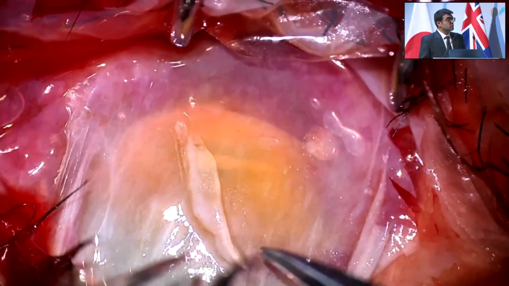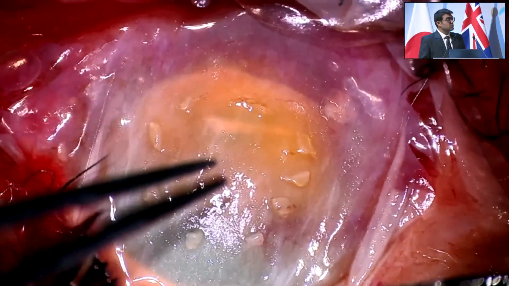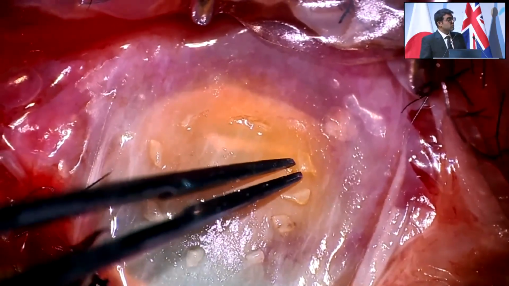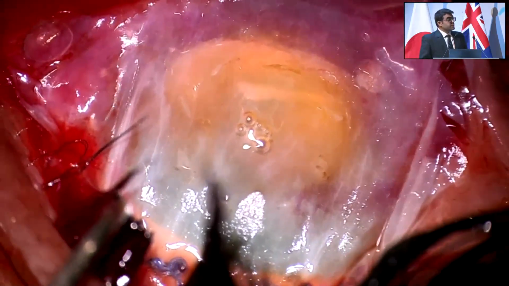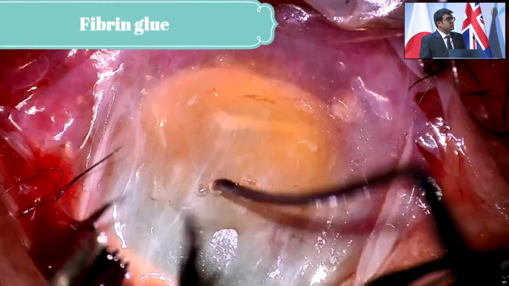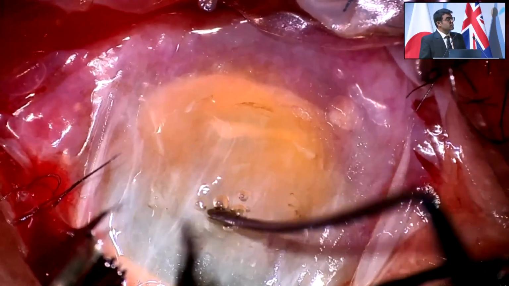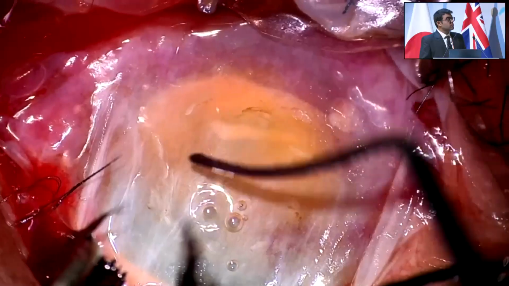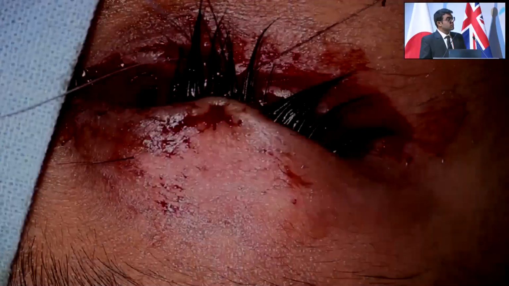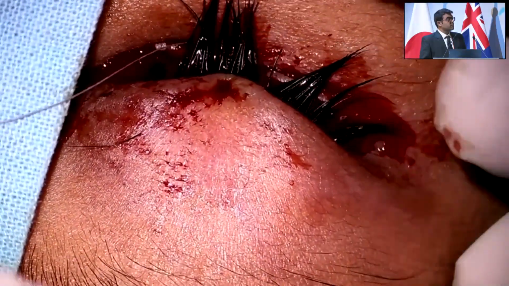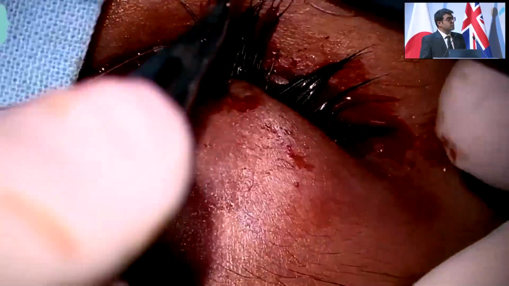The underlying stromal tissue was trimmed and the limbal tissue was divided into small pieces and placed over mid-peripheral cornea and secured with fibrin glue. A central tarsorrhaphy was done to hasten the reepithelialization.